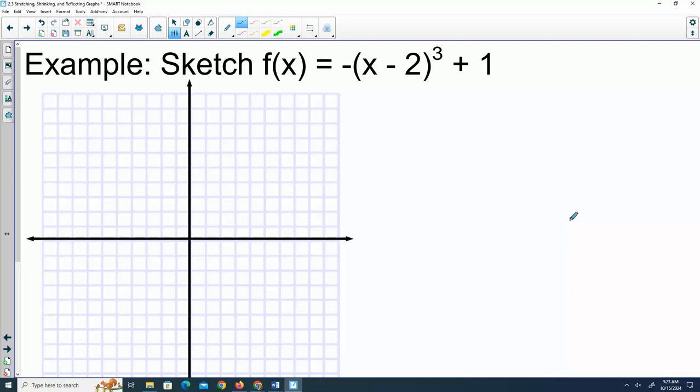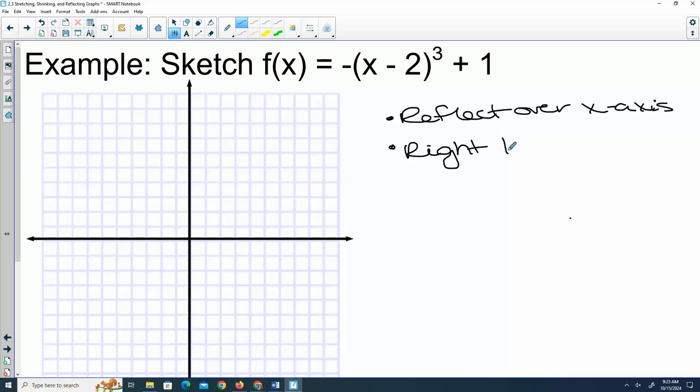Let's make a list of the different transformations. What will the negative out in front do? What will the minus 2 do? Inside is x, it does the opposite. So the subtracting from the x will move it in the positive direction. And what's that plus 1 do?